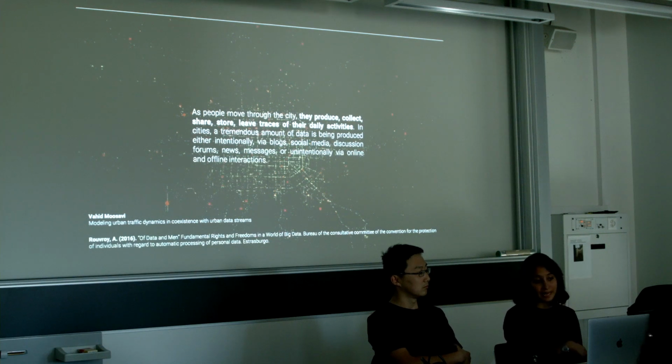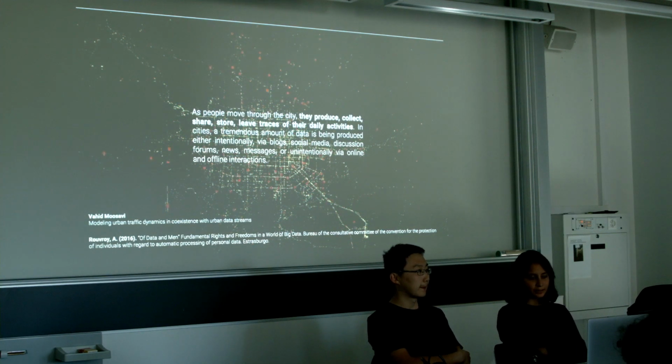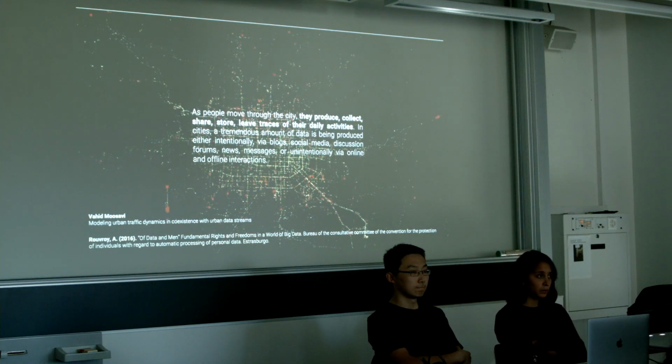And it has been estimated that by 2020, we will reach a total of 44,000 zettabytes of data produced. And these are data that are generated when we work, when we consume, or when we travel.